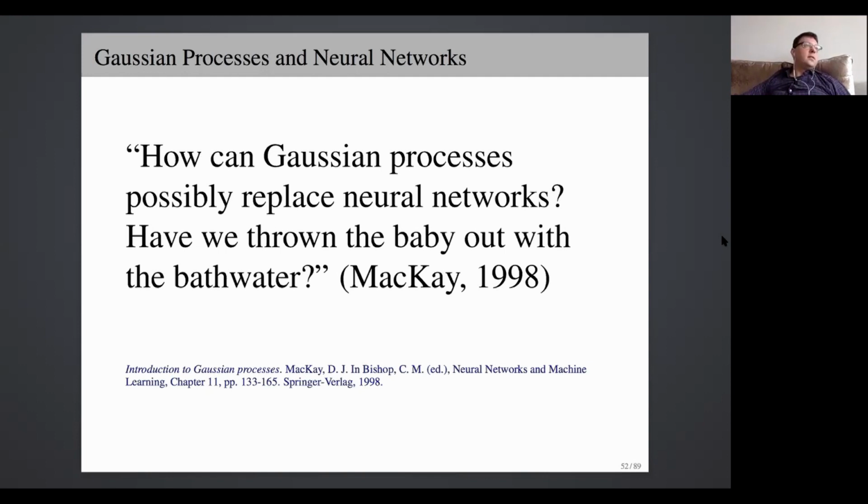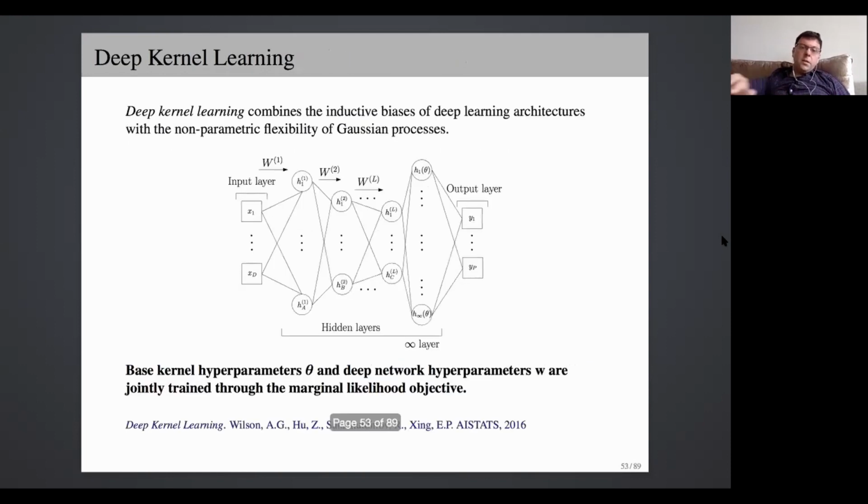And what he meant was that neural nets, when they were originally proposed, were envisaged as a step towards intelligent agents, which could discover interesting hidden representations in data, whereas Gaussian processes, at least with kernel functions which were popular at the time, were basically just smoothing devices, even though they had all of these nice statistical properties. And so we asked, have we thrown the baby out with the bathwater in treating GPs as potential replacements for neural nets?